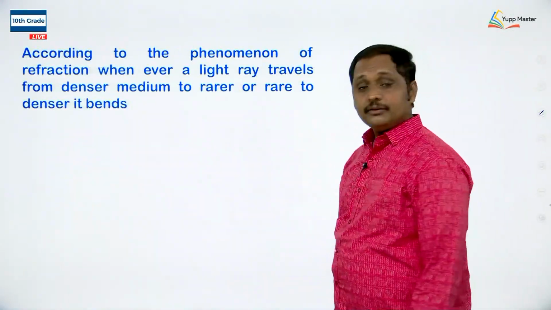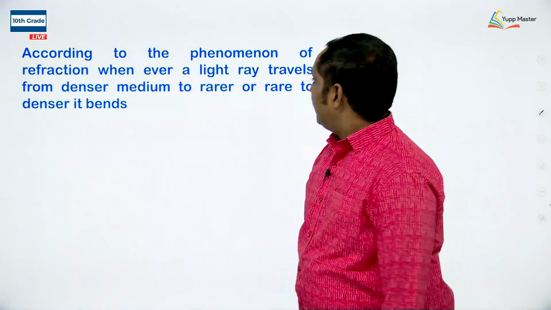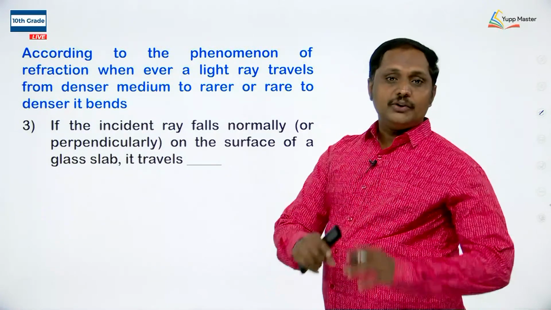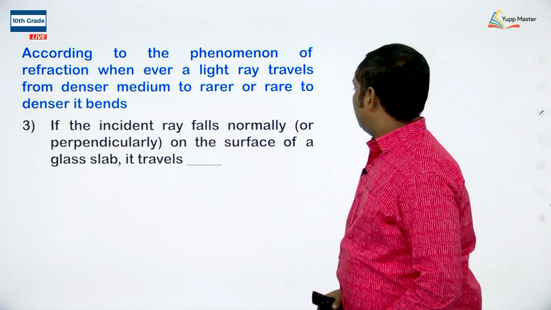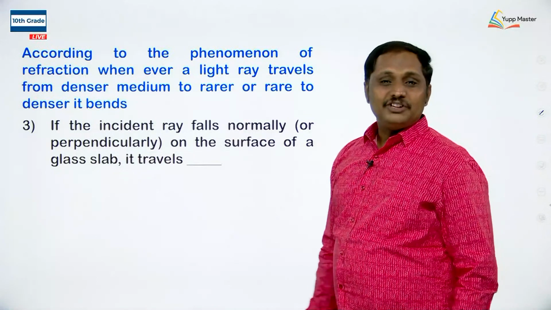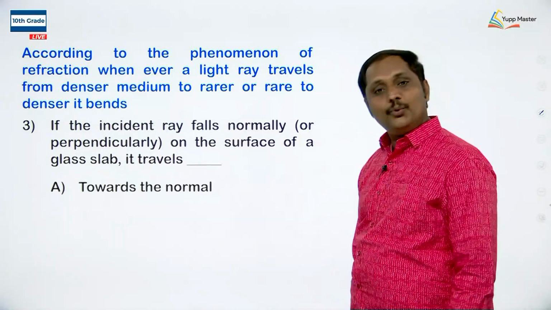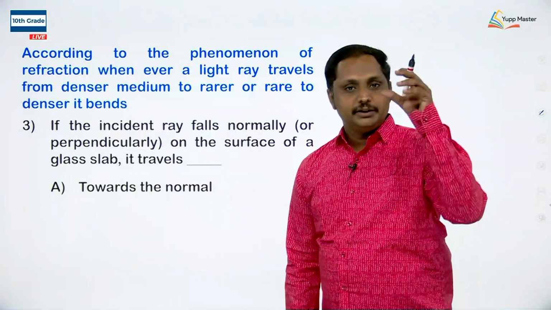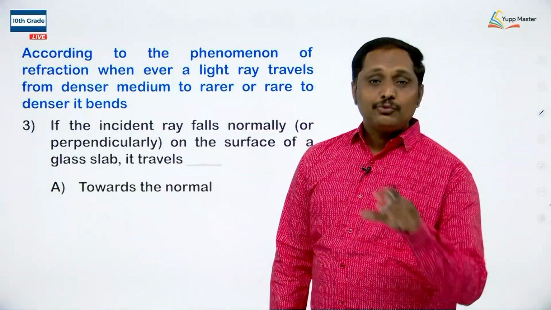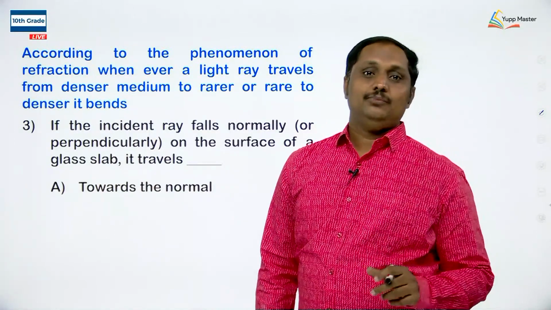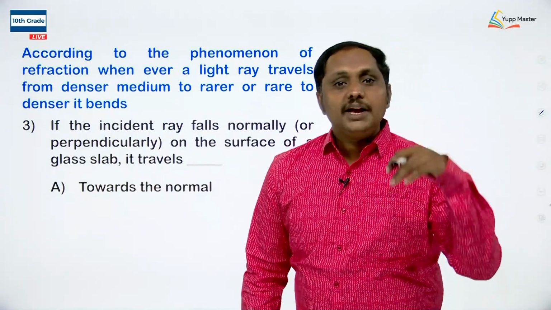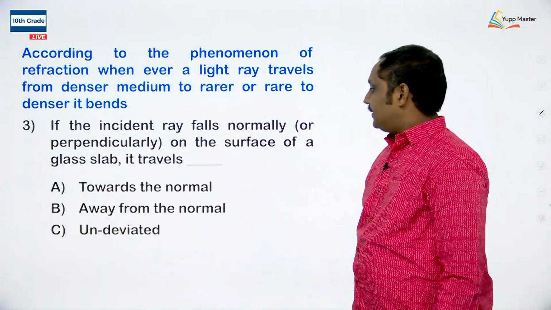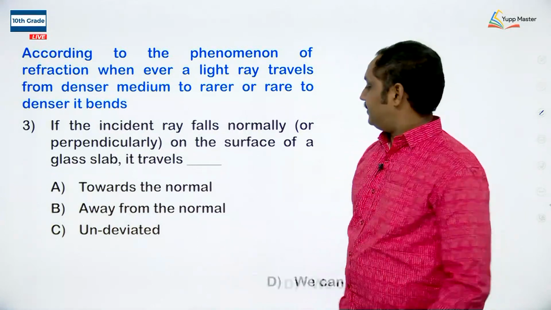Now, you can go for another, third possibility: if the incident ray falls normally or perpendicularly on the transparent surface of a glass slab, it travels along the normal. So, please remember, in the case of normal incidence there is no bending, no refraction, so it remains an undeviated light ray.